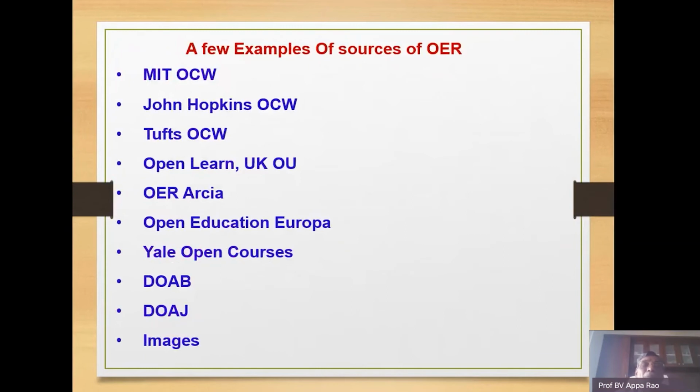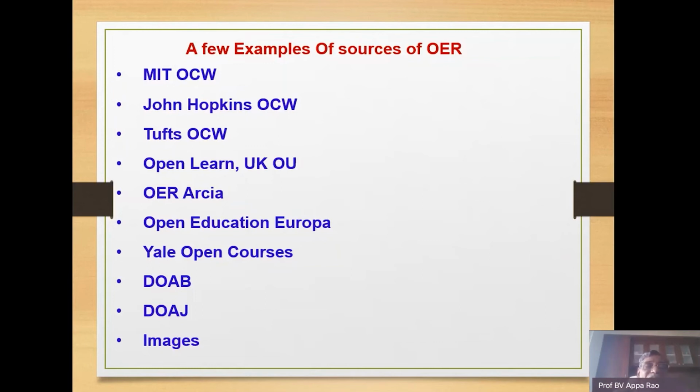A few examples of sources of OER. We have seen earlier different OERs, videos, PPTs, articles, photographs, images, a big list, 15, 16 software like that, which I have given earlier in one of the slides. Now, these are the examples of sources of OER, right? MIT OCW I have already discussed.